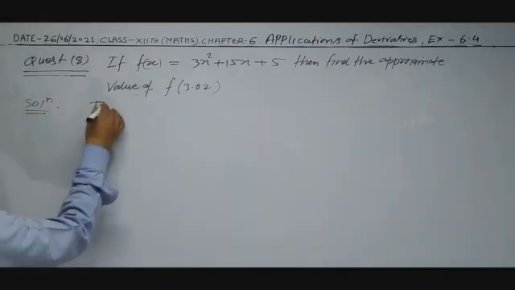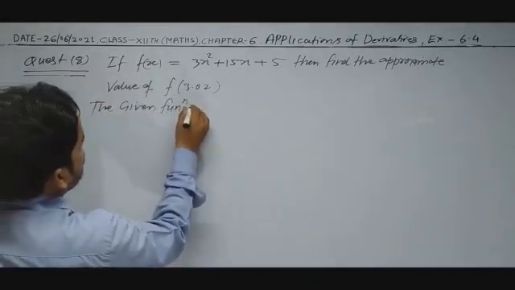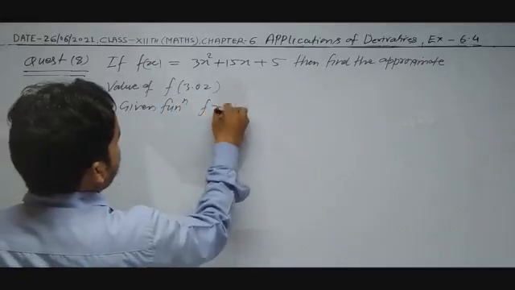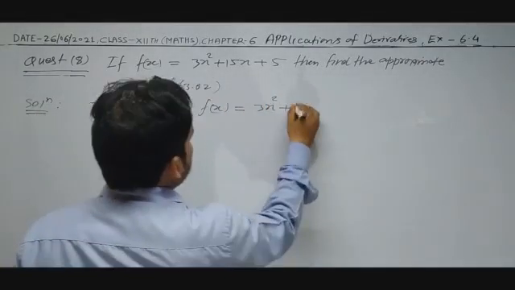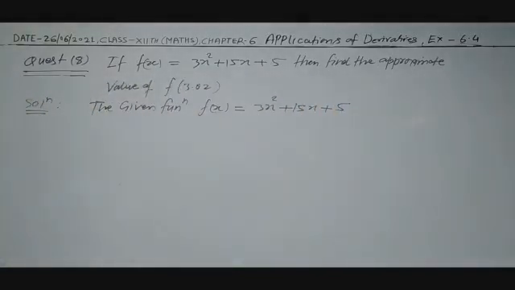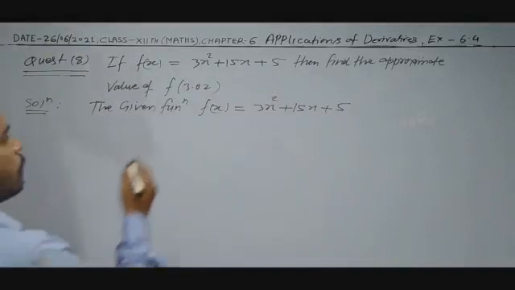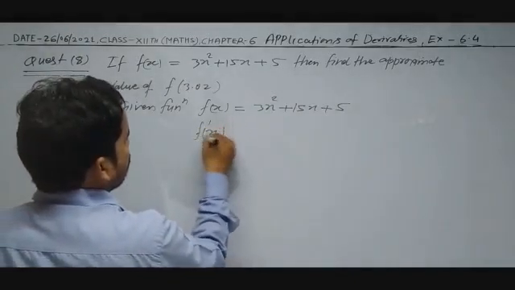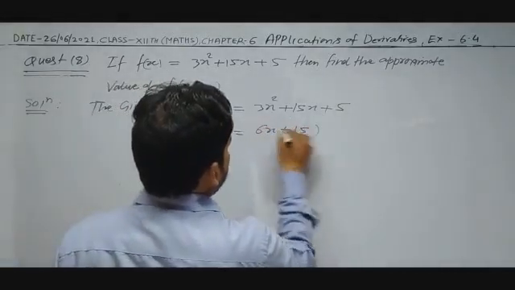Solution: the given function f(x) is equal to 3x square plus 15x plus 5, and when you calculate f dash x from this function, the result you will get is 6x plus 15.